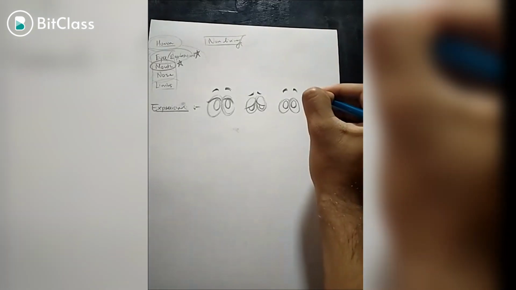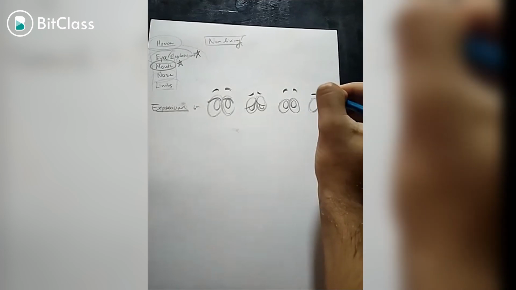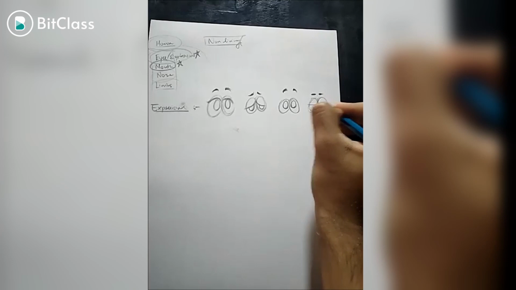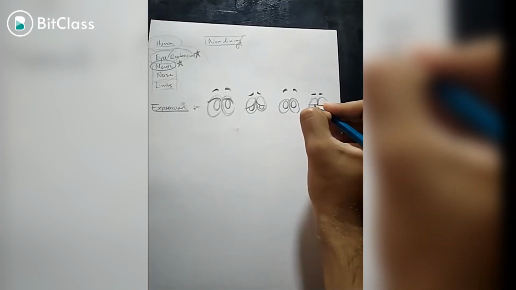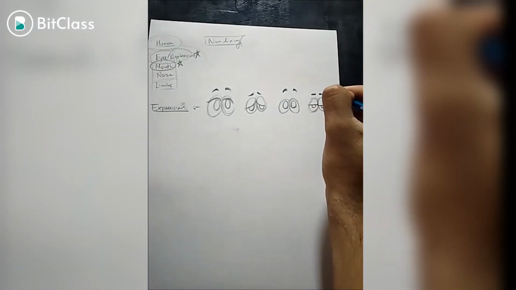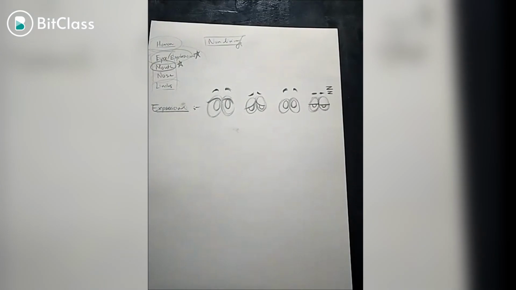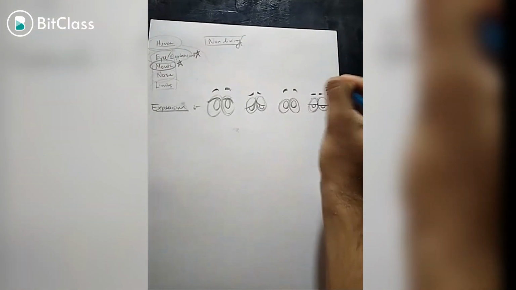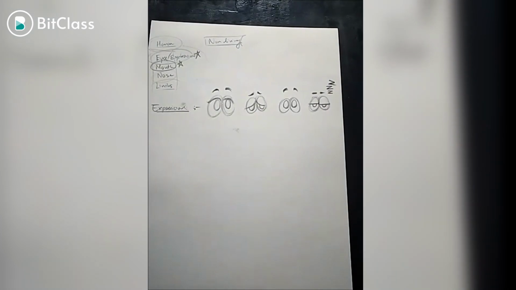For example, if you want to show sleepy, often this Z sign is added when a person is sleepy, right? Looks annoyed. Shivani says it looks annoyed.